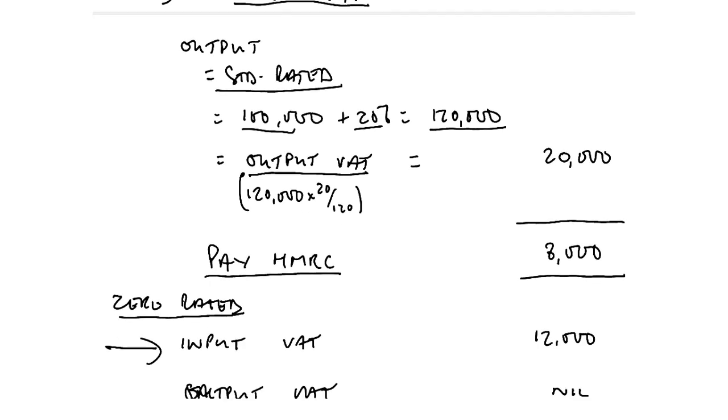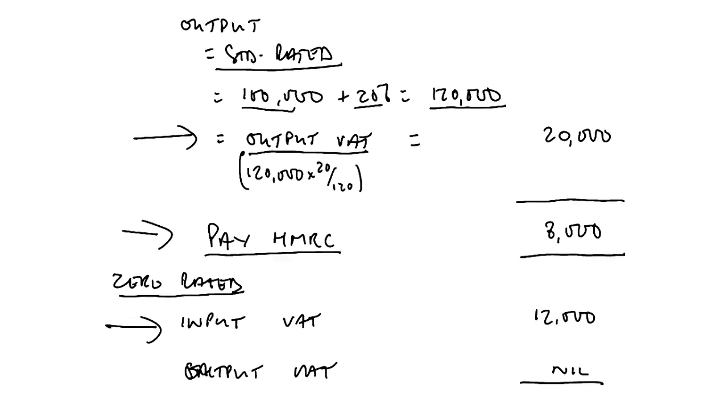We then got to see whether on the sales that we make as a business we have to account and charge for VAT. If we do, then we had output VAT here of 20,000. We charged more VAT on our sales than we suffered on our purchases and expenses. We owe to HMRC, it's not our money, it's their money, £8,000.